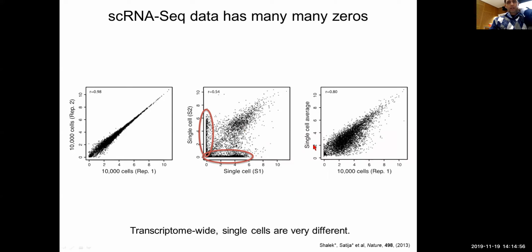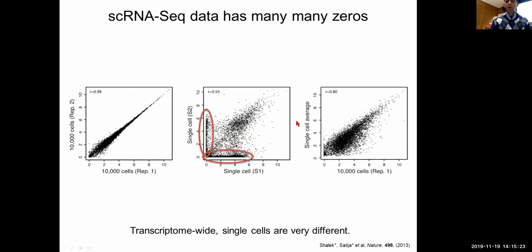You can address that by basically saying, great, if I look at 10,000 cells in bulk across two different replicates, I have a very, very strong correlation. If I look at individual cells, I have a big chunk in the middle, but there are many zeros in cell S1 that are non-zero in S2, and many zeros in S2 that are non-zero in S1.